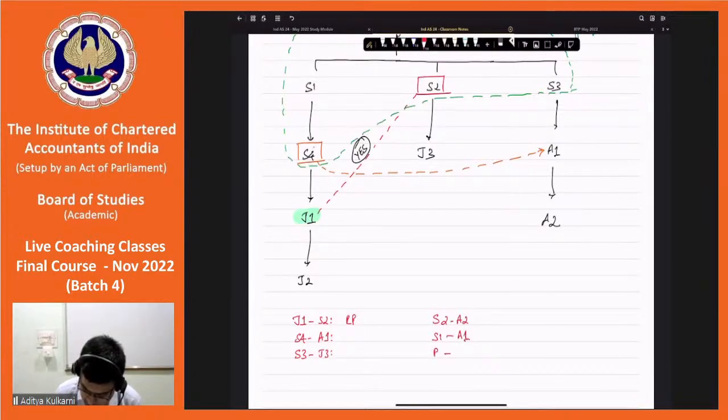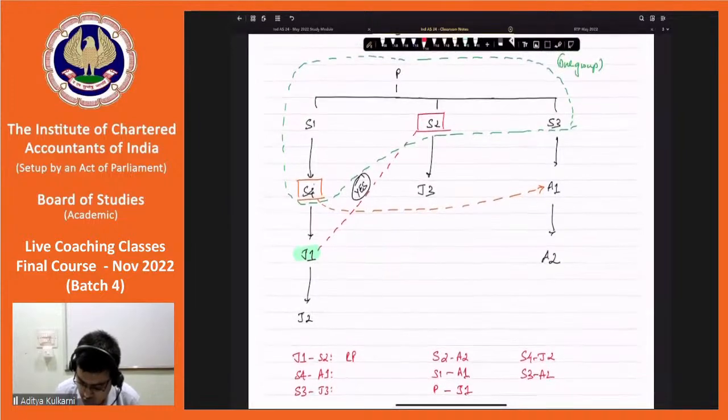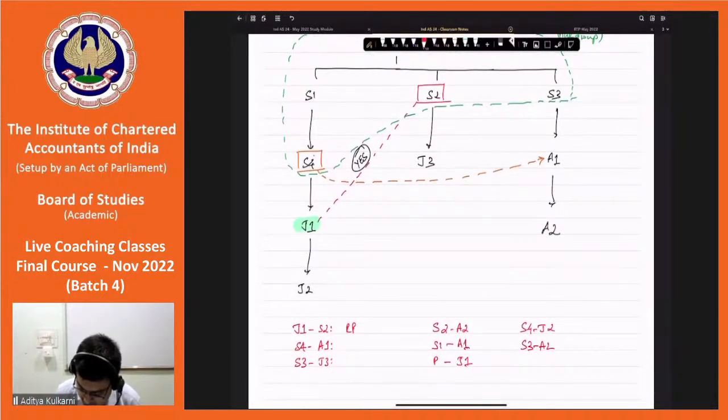P, J1. S4, J2. S3, A2. Give me the answers to this now. You should not find any difficulty if you have understood how to interpret. If you have not understood, I will tell you how to interpret once again. S1, A2.